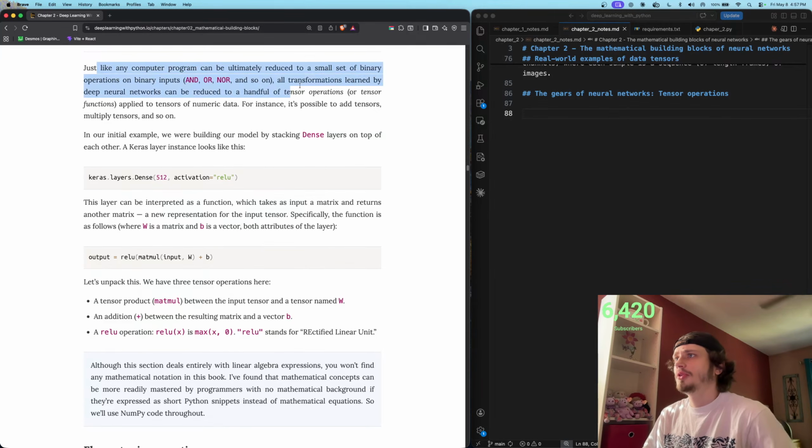So just like any computer has the AND, OR, NOR, and so on operations, we have a couple of tensor operations that are useful to us.